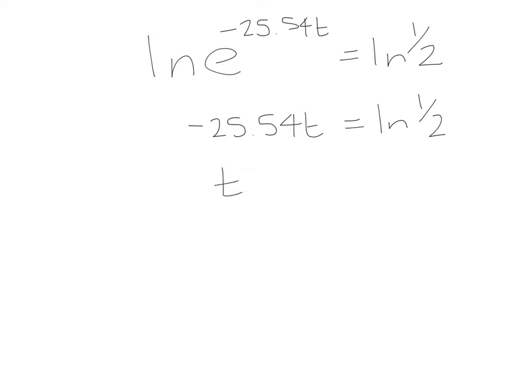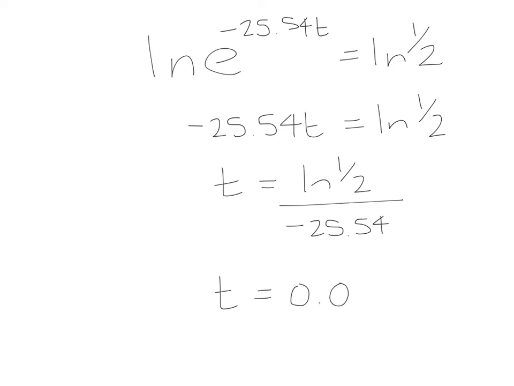And finally t must be equal to ln a half divided by minus 25.54. When you work that all out, we find that the time is 0.027 seconds. So it takes the current 0.027 seconds to drop from its initial value to half the value.